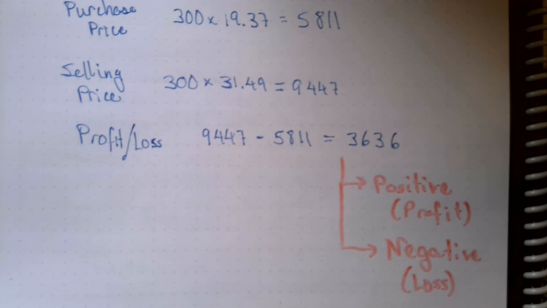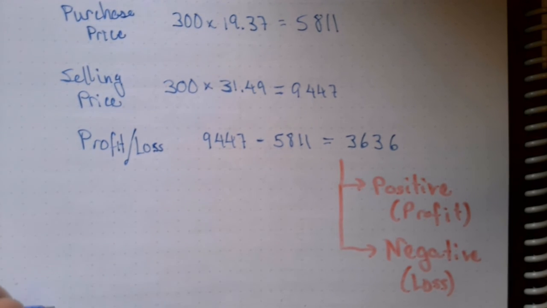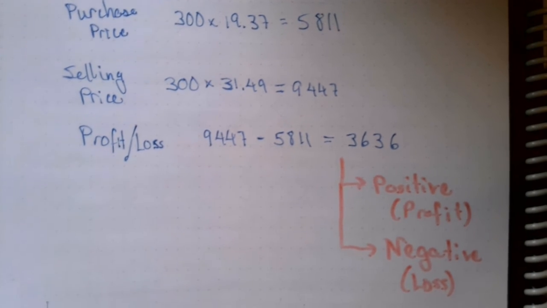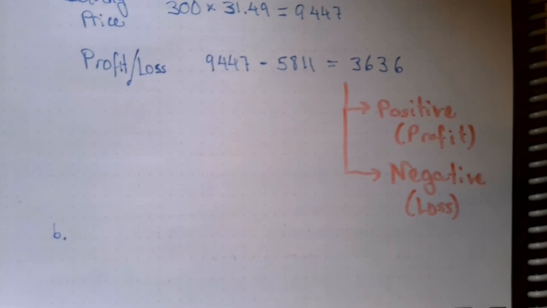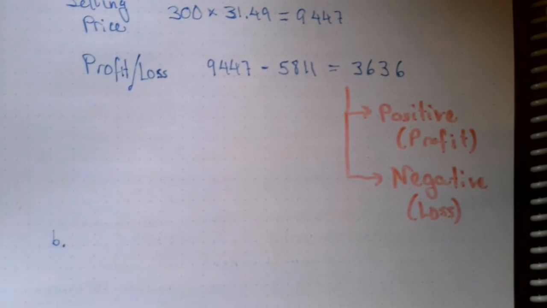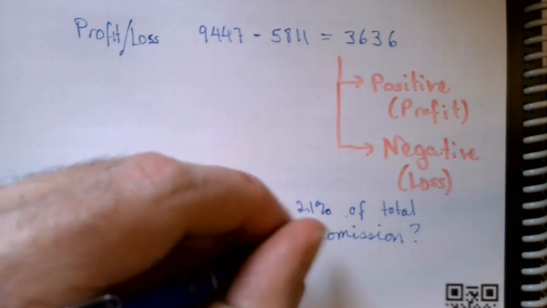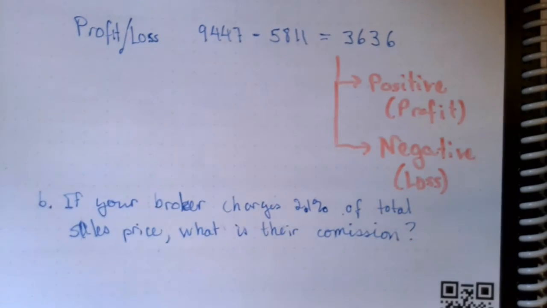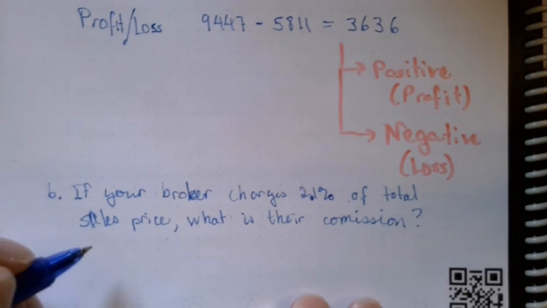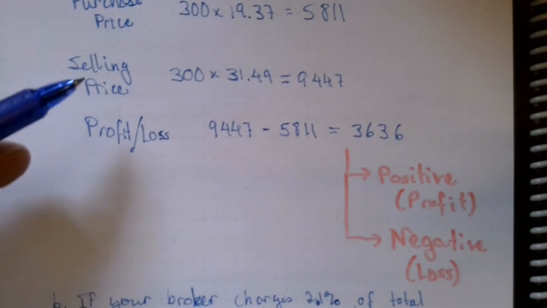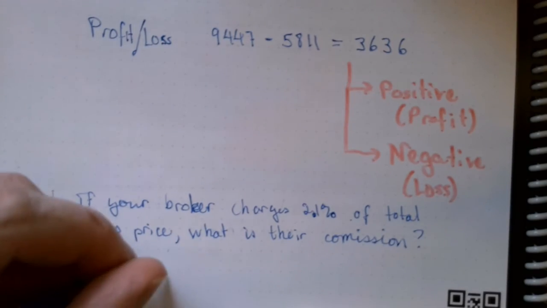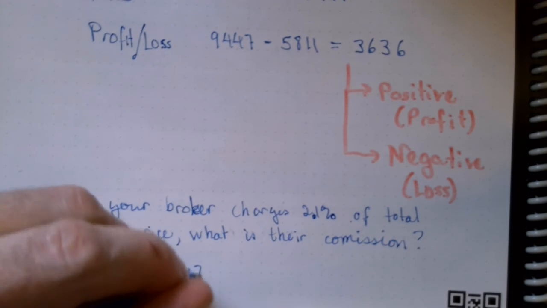Let me add one little thing here. Buying and selling stock usually has to be done through a broker. So let's take that into account here. The question we'll ask is, if your broker charges 2.1% of the total sales price, what is their commission? Well, we just figured out the selling price was $9,447.